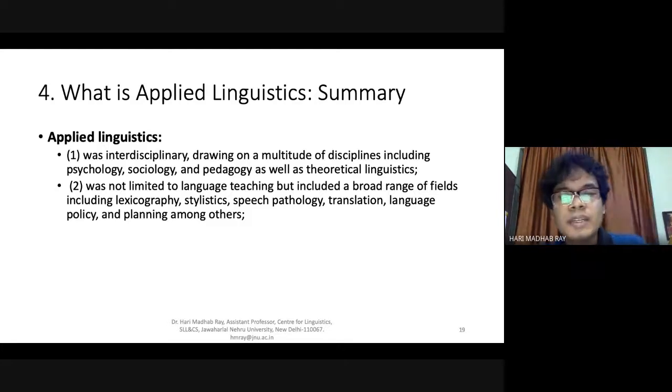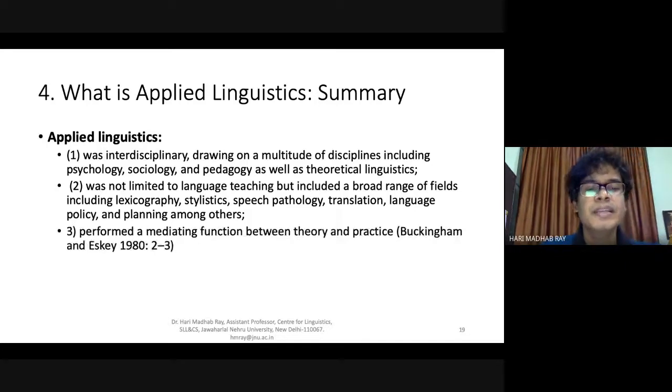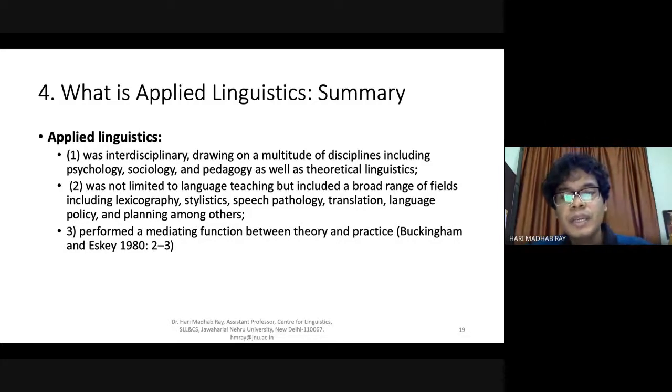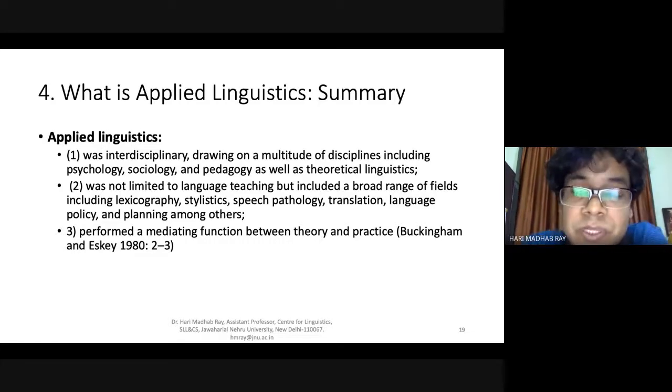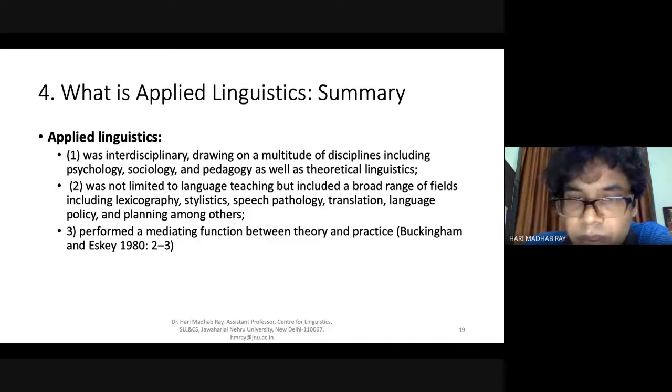Translation is another one, language policy and planning, among others. These are some of the things we have covered so far if we're talking about applied linguistics, which performs a mediating function between theory and practice, as Buckingham and Eskey say, a synthesis between theoretical linguistics and practical things.